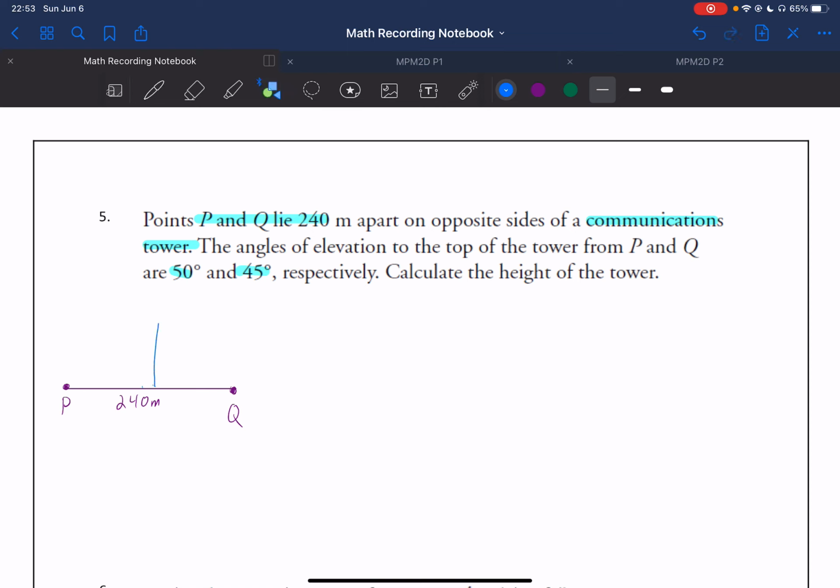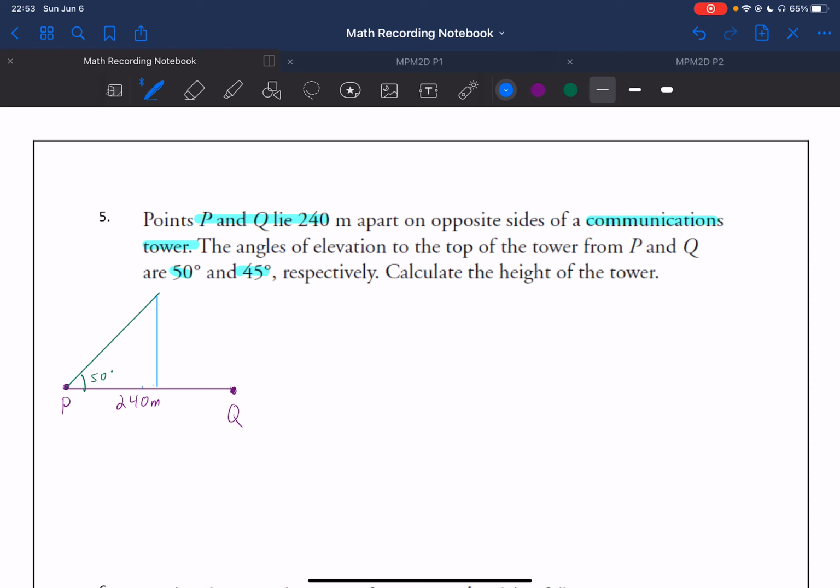So my assumption is that it is not in the middle, or else they would be looking at it from the exact same angle. So from P to the tower is looking up with an angle of elevation of 50 degrees. So from this point to the top of the tower, that is 50 degrees.